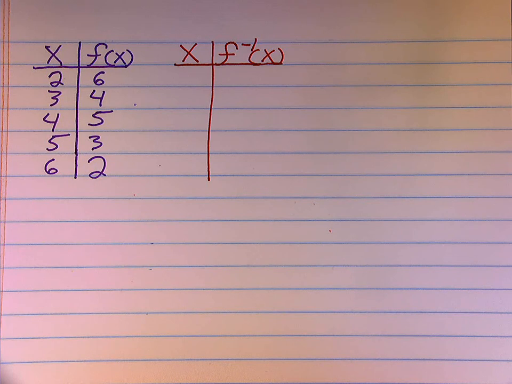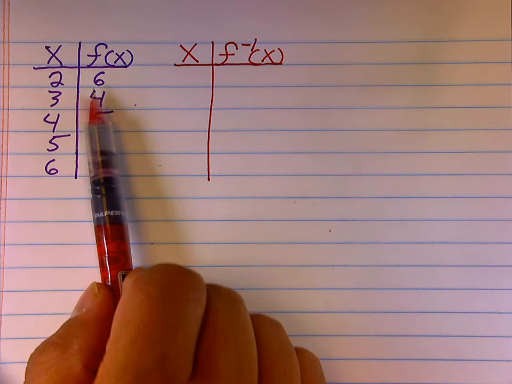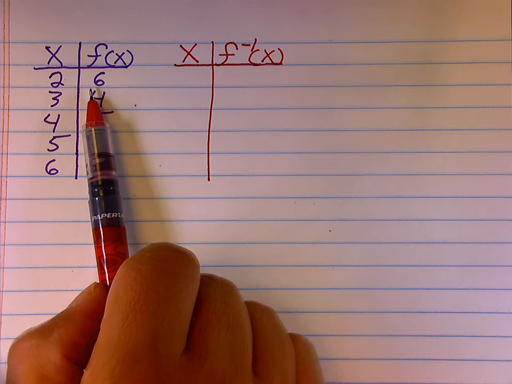Okay, I'm giving you a function f of x in the form of a table. We're going to find the inverse of f of x from that table. We're going to use the idea of what an inverse is fundamentally. Notice, f of x takes a 2 and makes it into a 6.